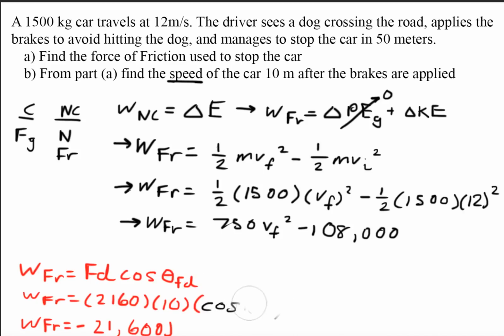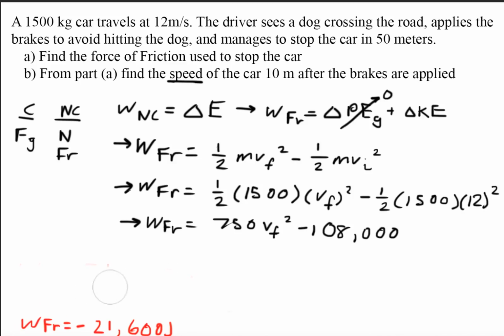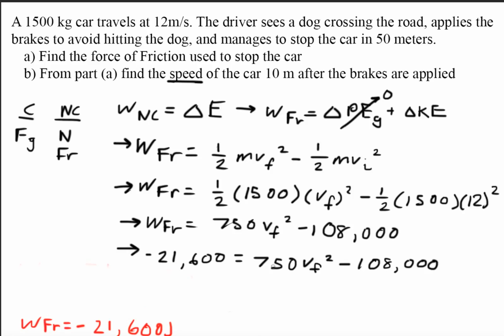Now let's use that value and solve the rest of this equation. So we have negative 21,600 joules equal to 750 times our velocity squared minus 108,000.